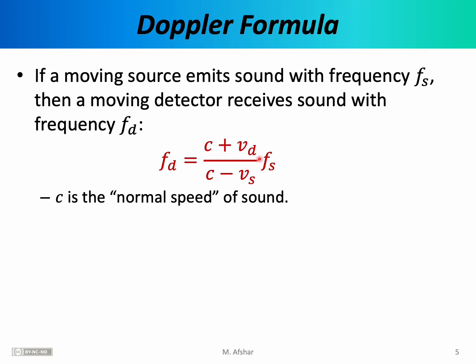V sub d is the speed of the detector, and V sub s is the speed of the source. According to this formula, if the detector and the source are at rest, then V sub d is 0 and V sub s is 0, and of course C over C is 1, in which case the detector frequency and the source frequency are going to be equal to each other.